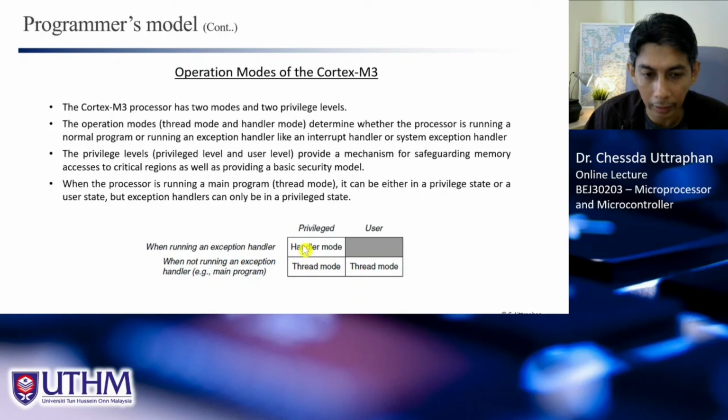You also have access levels. We call them privilege and user level. Privilege means the programmer can access all parts of memory, while user level restricts access to part of the memory.